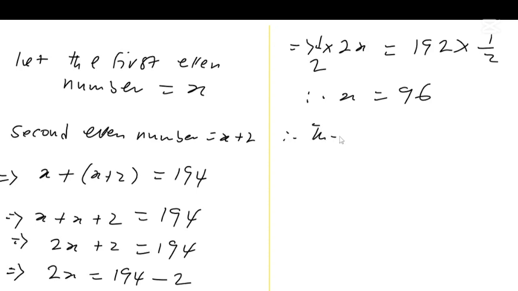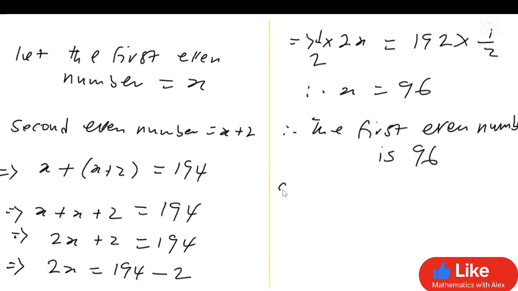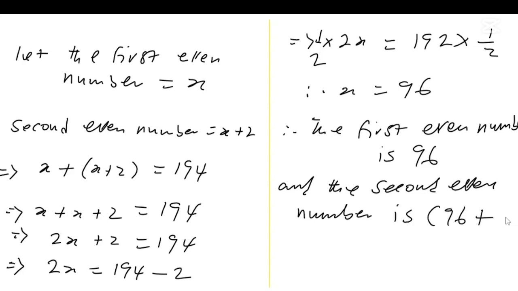Therefore, the first even number is 96, and the second even number is 96 plus 2, which is 98.